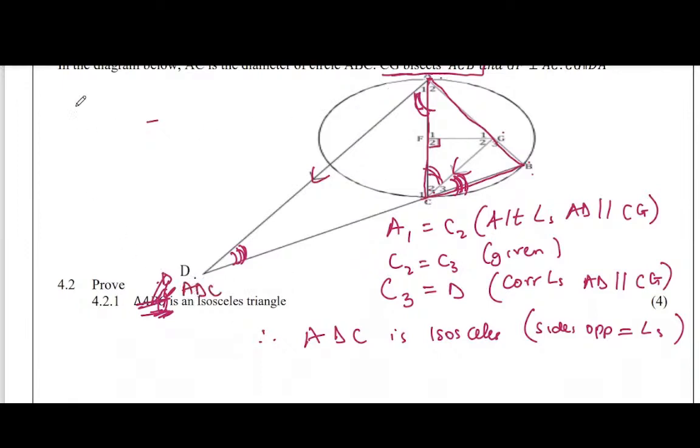From the proportionality theorem, we know that BG, where the parallel lines are, BG over the GA must be the same as BC over CD.